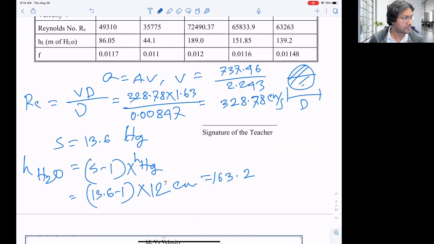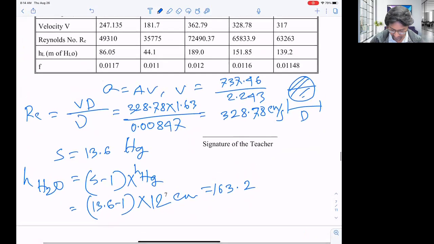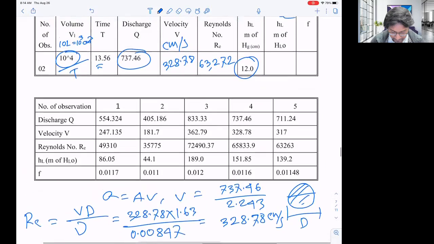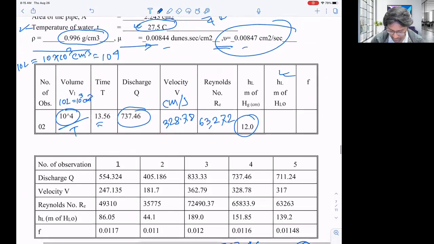We don't need to do that because the change is small, but we divide by 0.996. What is the value of this one? 0.996.